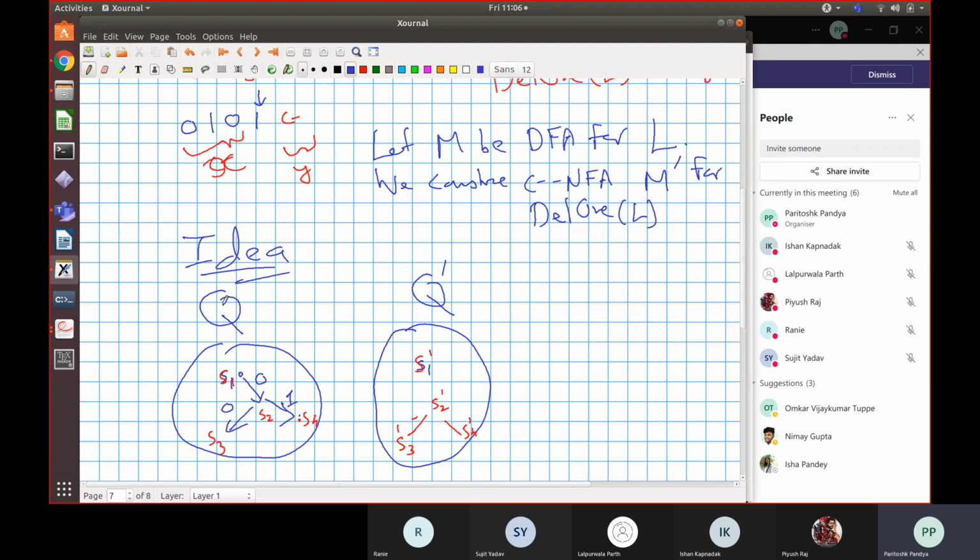Now we have a copy, with the original set of states and a primed set of states. Because you want to delete this 1, instead of going to this S4, you go to the deleted copy. So you go to S4 prime on an epsilon. To remember that you have gone to S4 by deleting 1, you take this epsilon transition to the prime copy of S4.